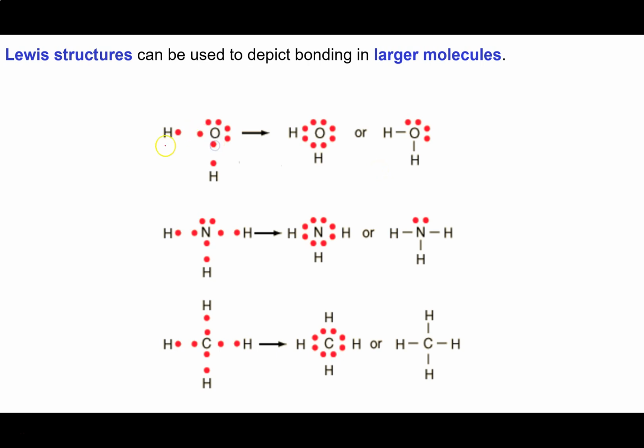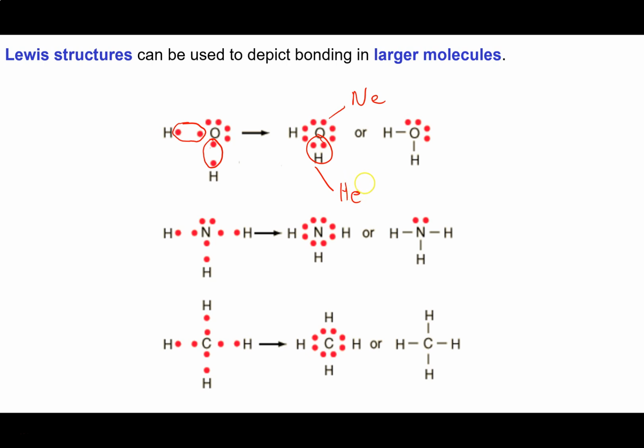It's got 2 unpaired dots. Each of the hydrogens has 1 unpaired dot because they're in group 1A. By sharing these guys like this, the oxygen gets a complete octet and it becomes like neon, and then the hydrogen ends up with its 2 electrons which it loves, and it becomes like helium.